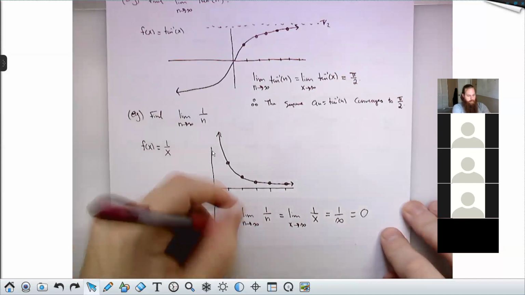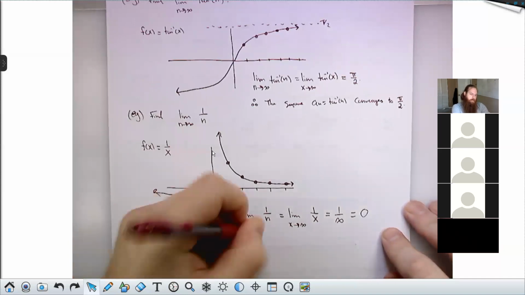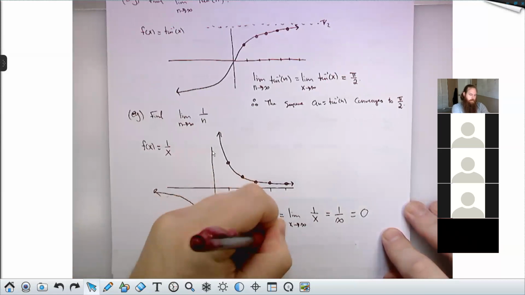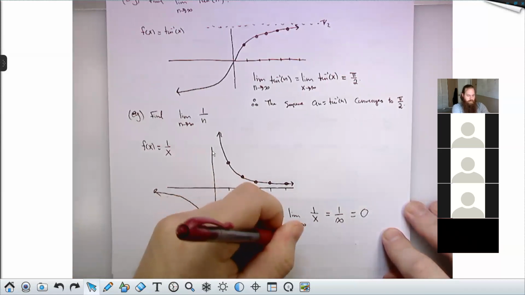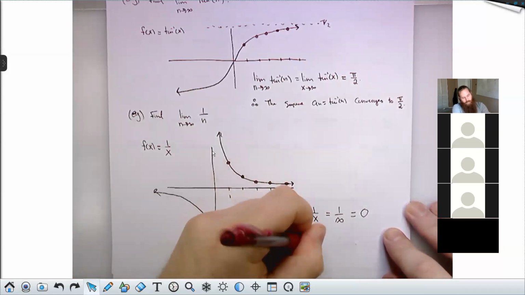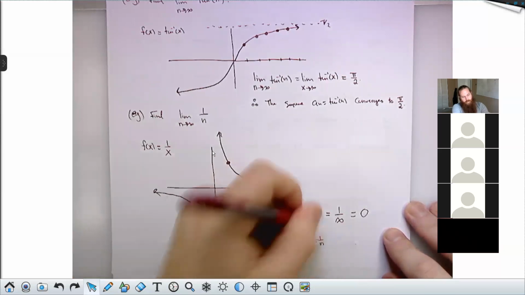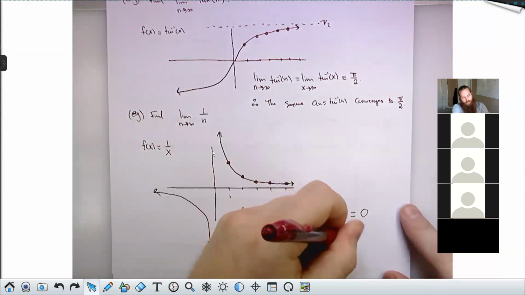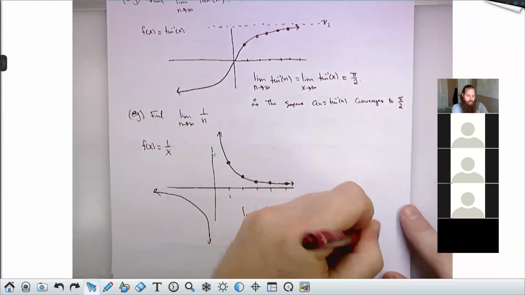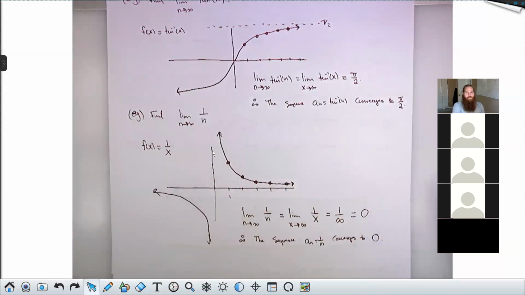And in the second example, I would say, therefore, the sequence a_n equals 1 over n converges to 0.